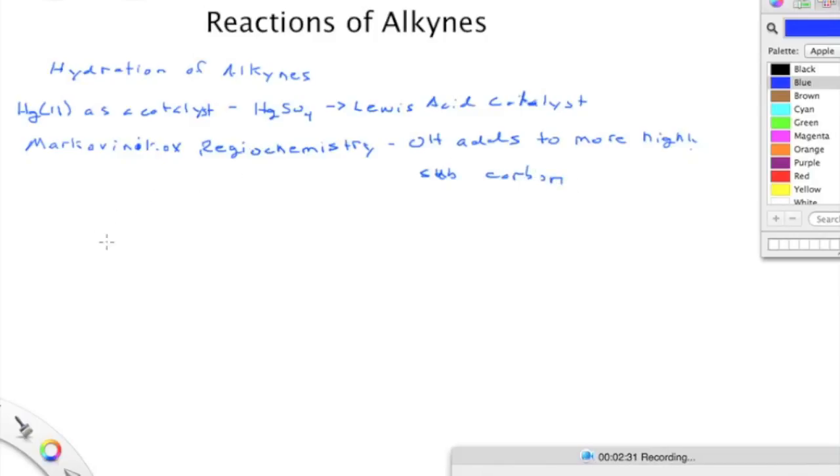So let's look at what's going to happen here. Let's just take an example. We'll use our same alkyne that we used for the last reaction. So if we start off with CH3 and then put in our alkyne right here, we're going to treat this first with mercury sulfate.